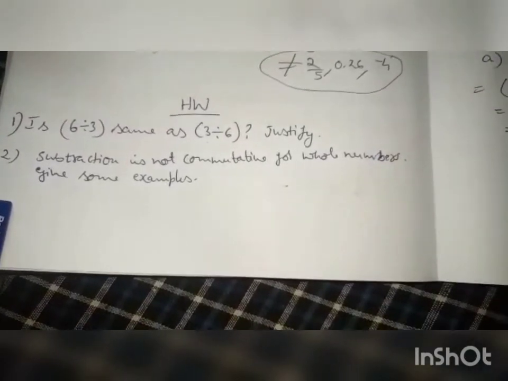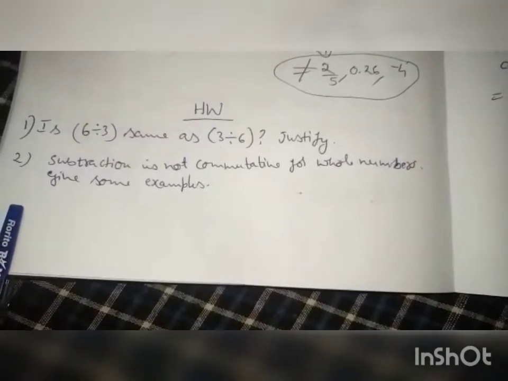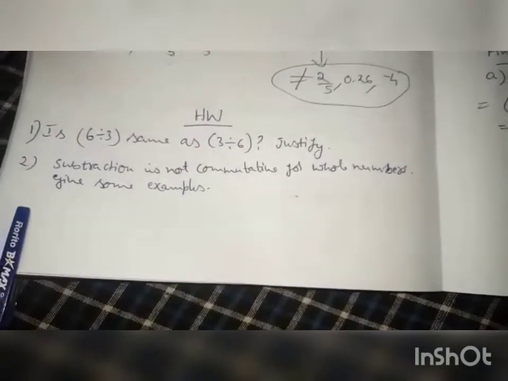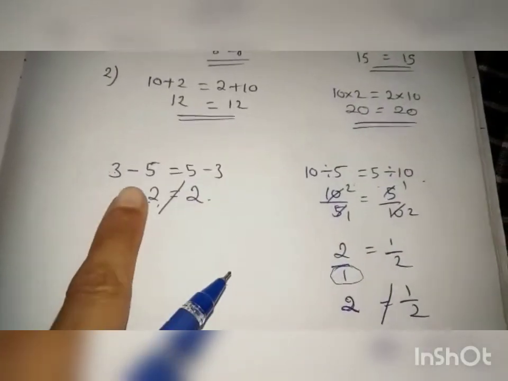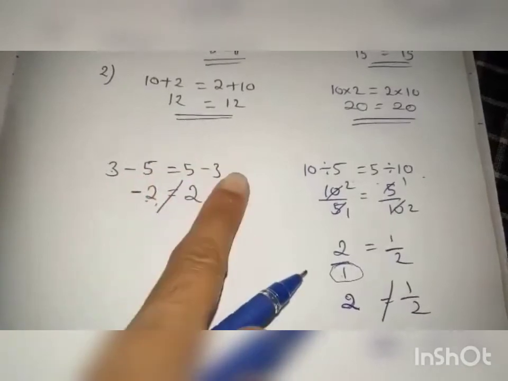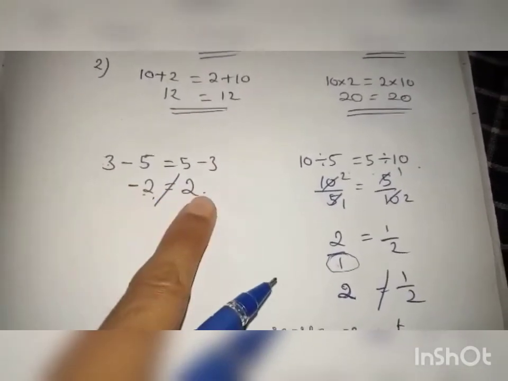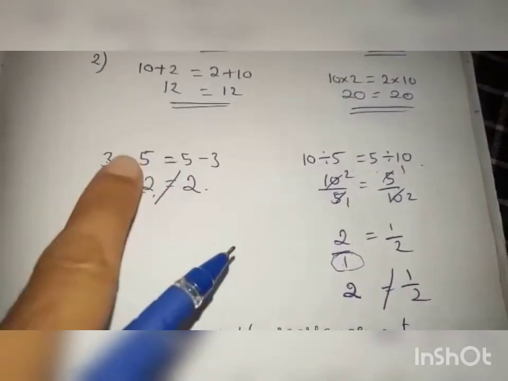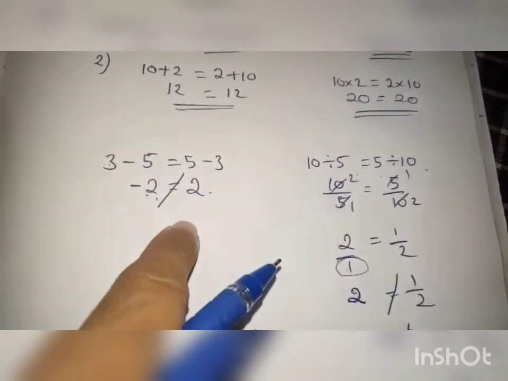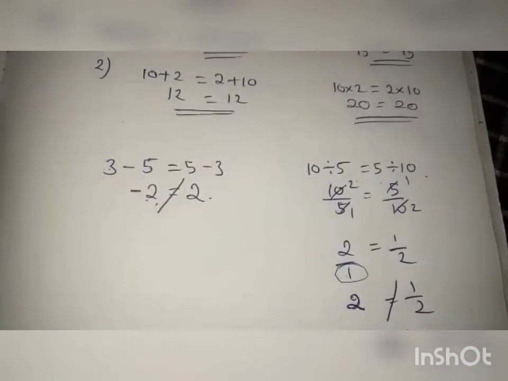I have given some examples for you. Same way you have to give some other examples. See, like this I have given this example, right? Subtraction example, 3 minus 5 is not equal to 5 minus 3. You got different answers. Same way you have to give some other examples. Two examples are enough.